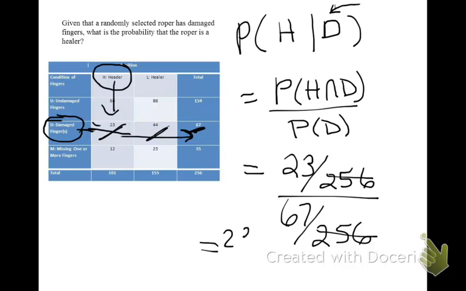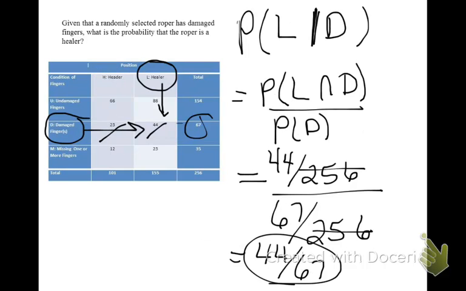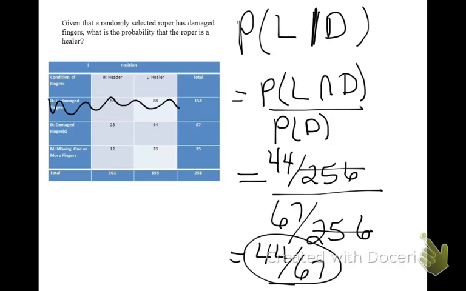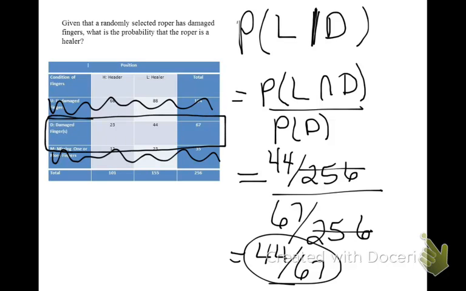23 out of 67. Now there's a shortcut to working these problems. Let's go back and reread this. It says, given the roper has damaged fingers. So we know ahead of time, anyone with an undamaged finger is gone. Anyone missing a finger is gone. For us, the only thing that exists is damaged fingers.